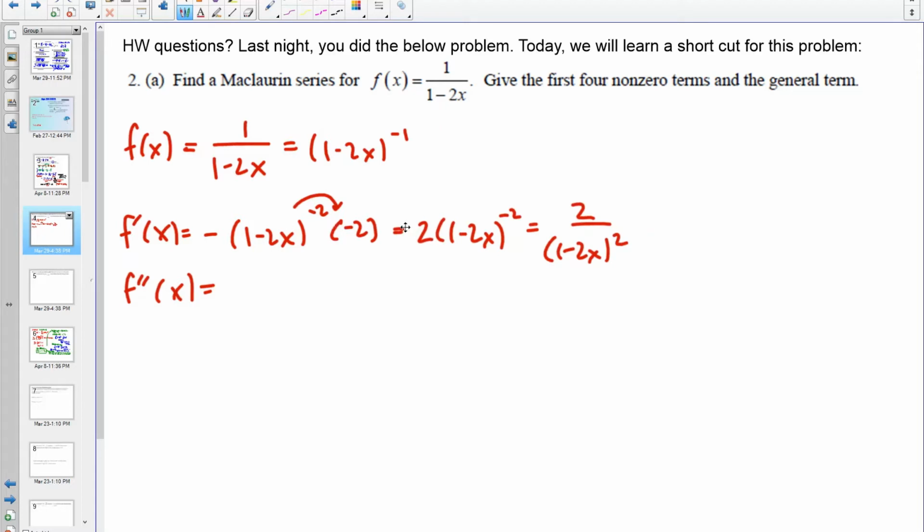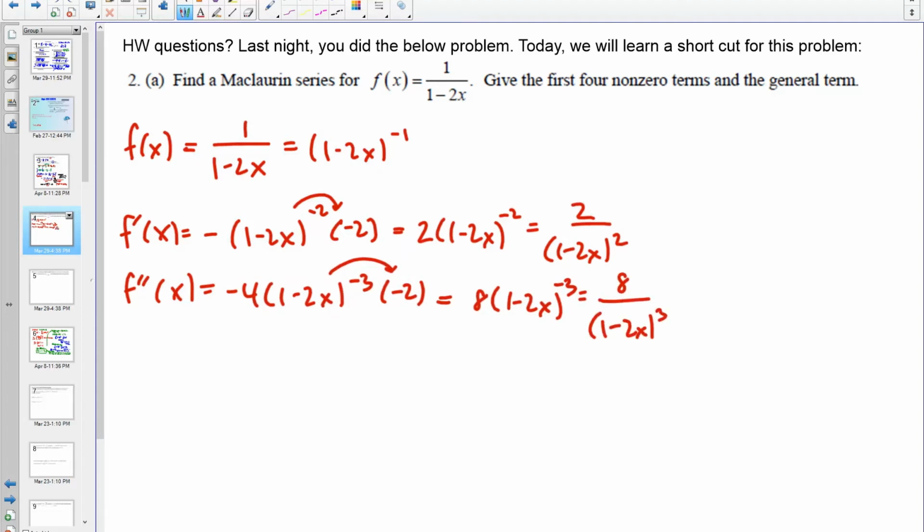If I take the derivative of this, I'll get negative 4, 1 minus 2x raised to negative 3. Don't forget to take the derivative of the inside. And here I'll get 8 times 1 minus 2x raised to negative 3, which is really 8 over 1 minus 2x raised to the third power. If I do the third derivative, it would be negative 24 times the quantity 1 minus 2x raised to negative 4.